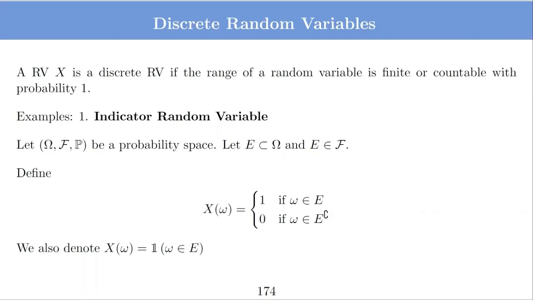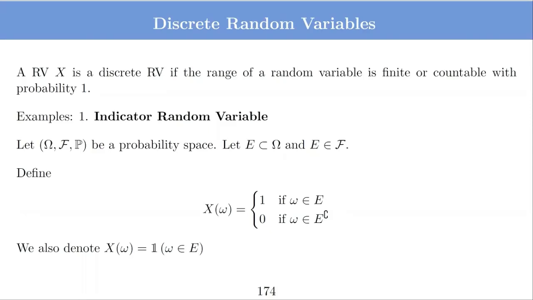So you have to see it two ways. Mathematically, this is just a function of outcomes. If omega is an element of capital omega, and you take omega as a member of E, then X of omega is 1. And if omega is in E complement, not in E, then X of omega is 0.